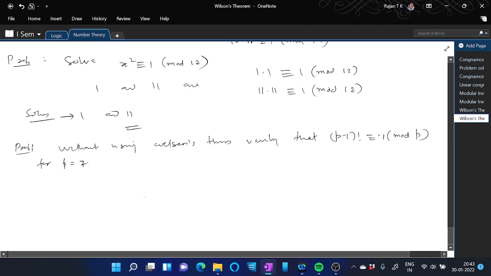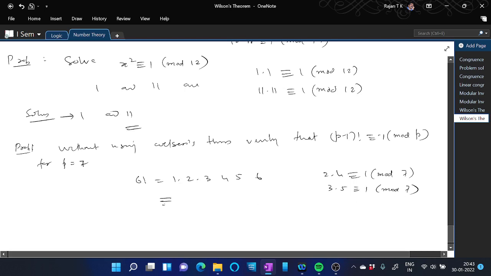We know (p-1)! is 6!, which is 1 into 2 into 3 into 4 into 5 into 6. Here 1 and 6 are residues modulo 7 which are self-invertible. 2, 3, 4, 5, these residues modulo 7 are pairwise inverses, because 2 into 4 is congruent to 1 mod 7, and 3 into 5 is congruent to 1 mod 7.